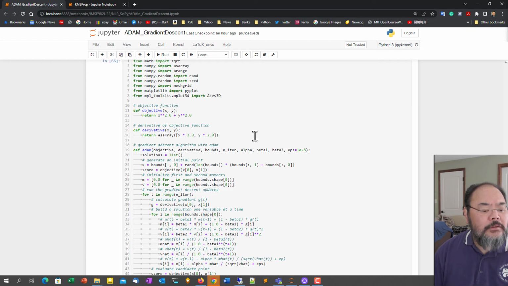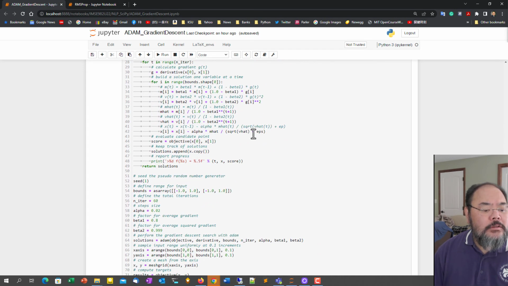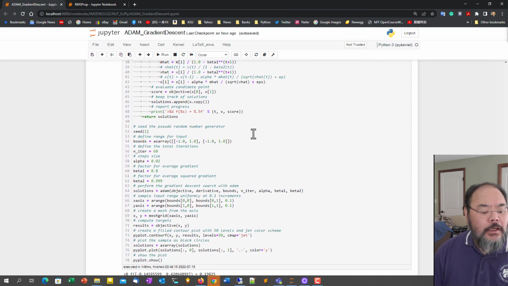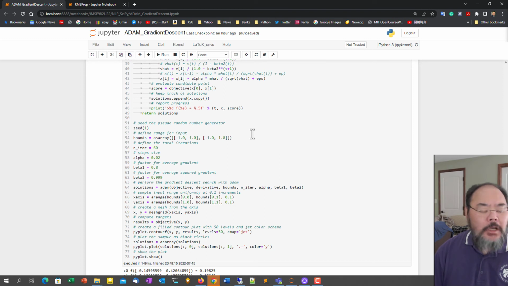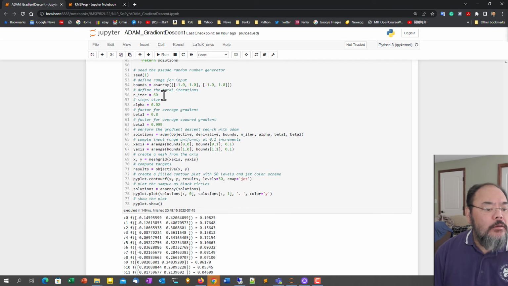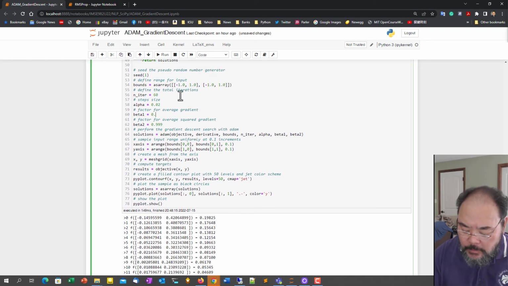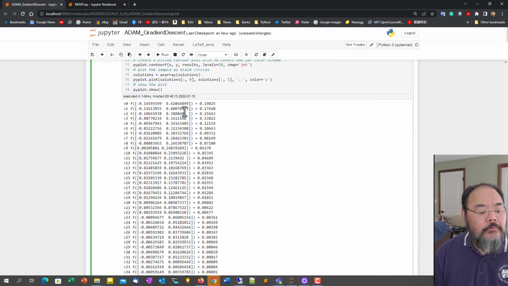I'm using the same algorithm to solve it, with a search range of -1 to 1, and I only want to run 60 iterations, alpha equals 0.02, and beta equals 0.8. Actually we can use 0.9, for example, like this.